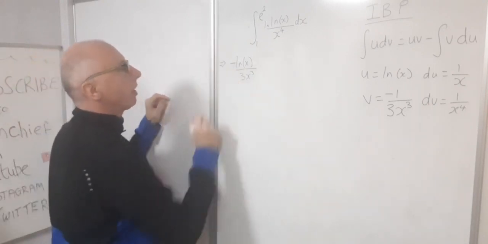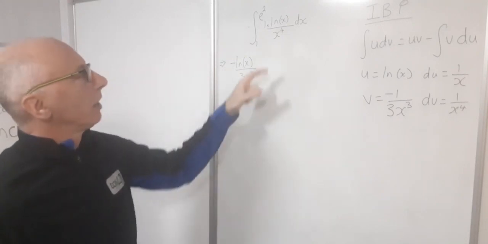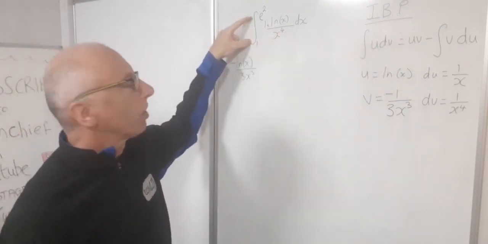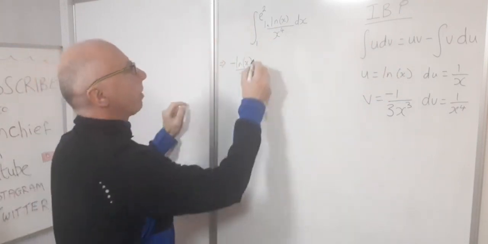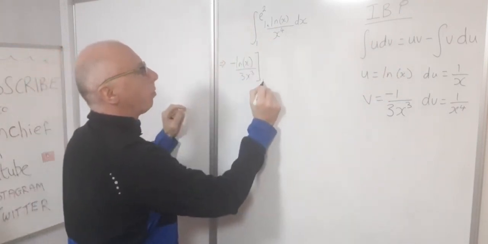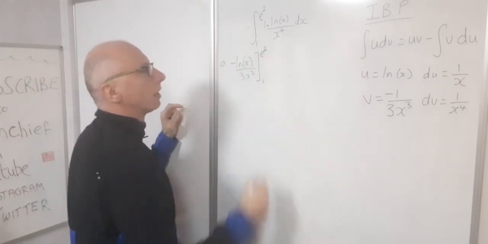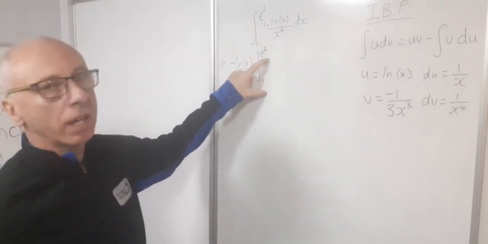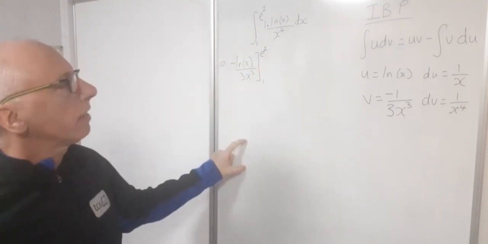That's part of my answer, and this is calculated over the range of integration, from 1 to e squared. We don't need to do any more with that other than calculate it. We'll come to that at the end.